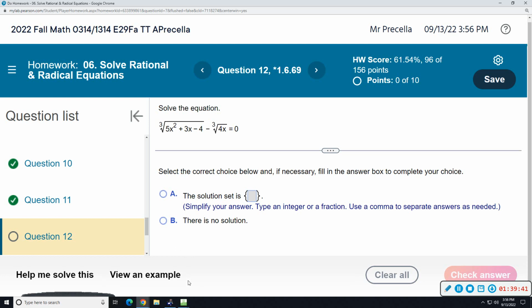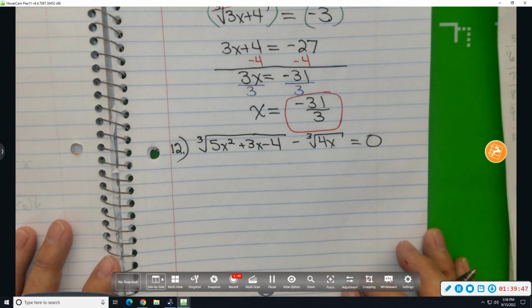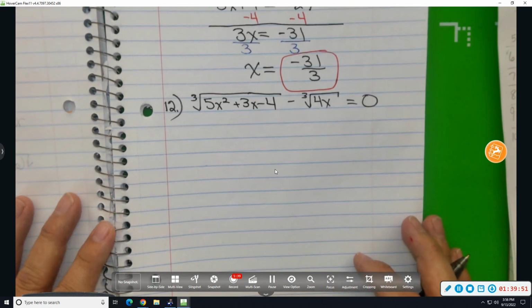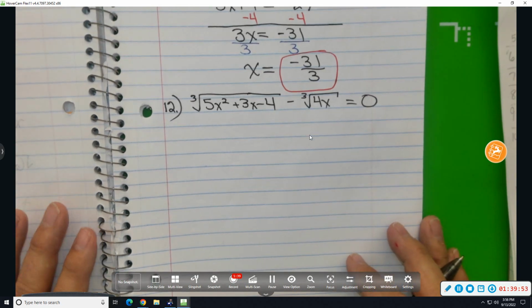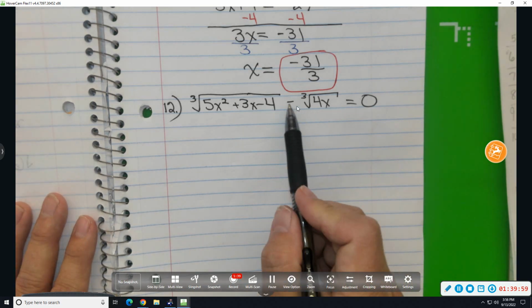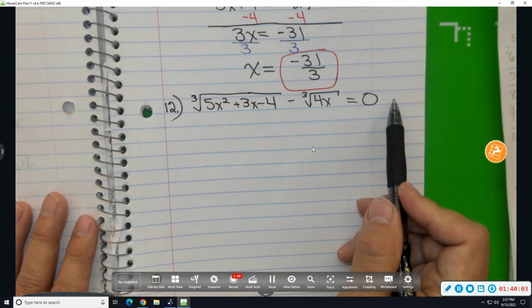Okay, well, there's two radical terms. So my little sentences said isolate the radical term. Well, if there's two of them, just put one on each side. Which one do you think we should move over where that 0 is? Yeah, because that'll get rid of that negative, and it'll just become a positive cube root of 4x.